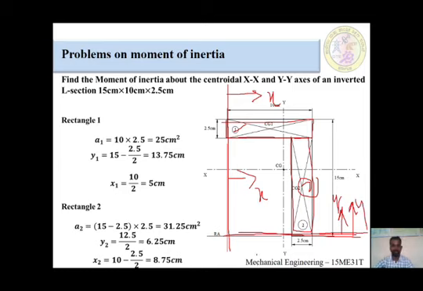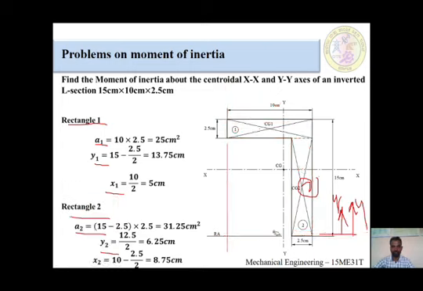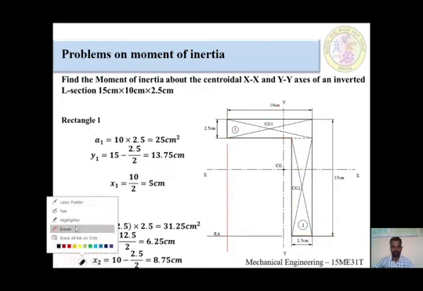In this session also we have to find individually for rectangle 1 and rectangle 2. As I said, this is rectangle 1 and this part is rectangle 2. Individually we have to calculate a1, y1 and x1 for rectangle 1, and a2, y2 and x2 for rectangle 2.